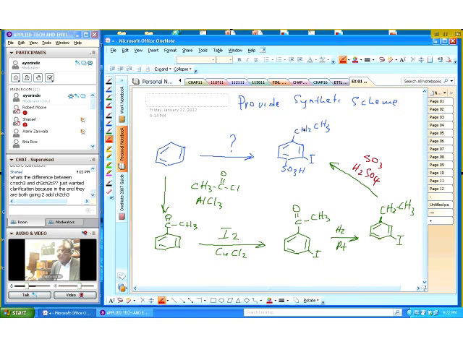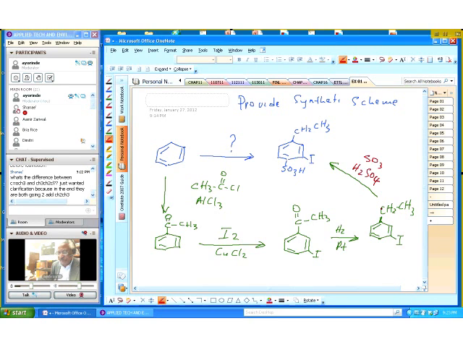So that tells us that you need to have a meta director here, which will be your carbonyl, the ketone. That is why we did the acylation first, and then after the acylation, you do your iodination. So this now will direct to this meta position, and then you reduce the carbonyl to a CH2.